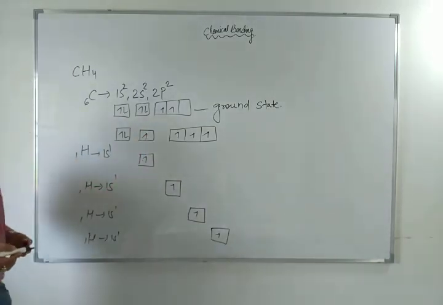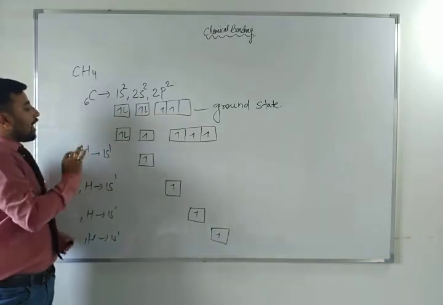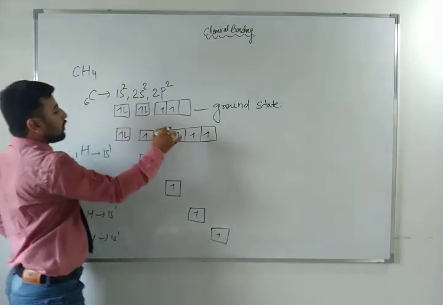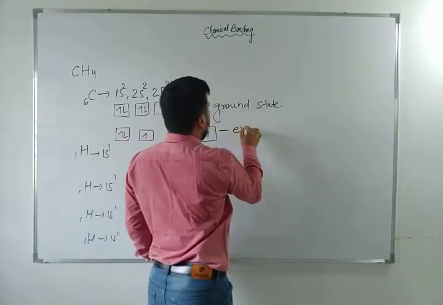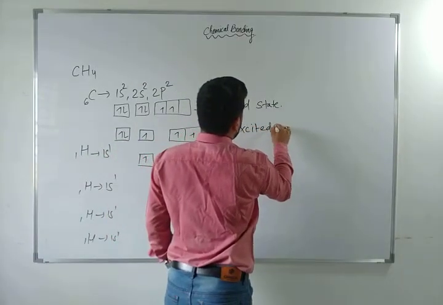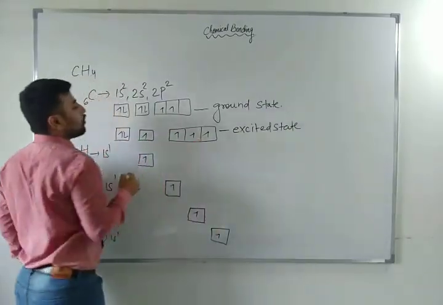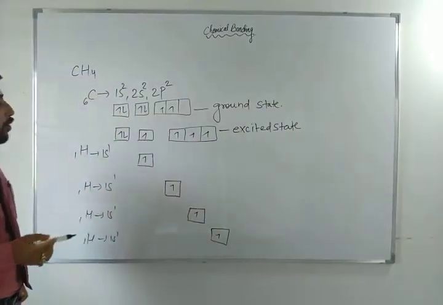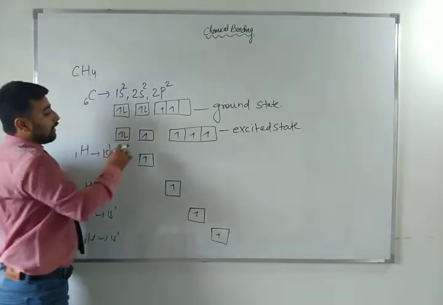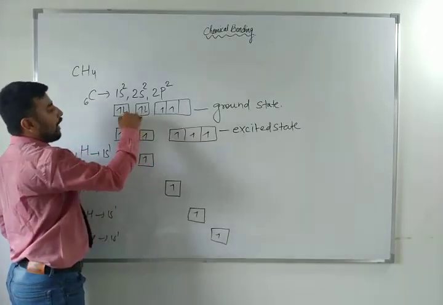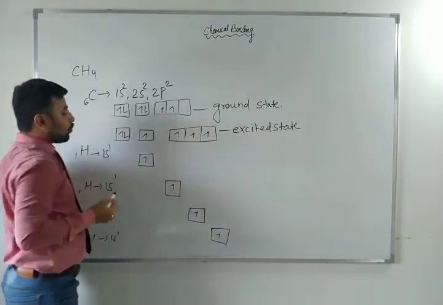As I have told you, this is the ground state and this is called the excited state. Because 2s and 2p are in the same energy level, in the excited state one 2s electron has shifted to 2p.